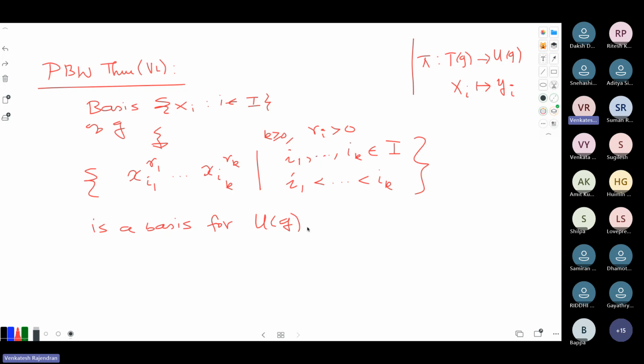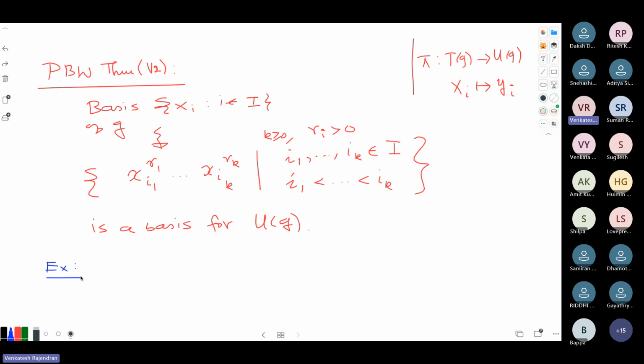Okay. So basically you take a basis of SG and then you go to graded UG, and then from graded UG, because that is isomorphic to UG, you come here. That's all. So this line of argument actually tells you that version 1 implies version 2. I will leave it as an exercise. The exercise involves only this much: you have to prove that graded UG is isomorphic to UG.